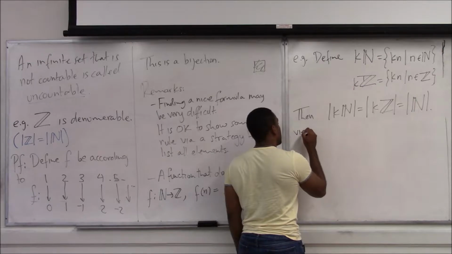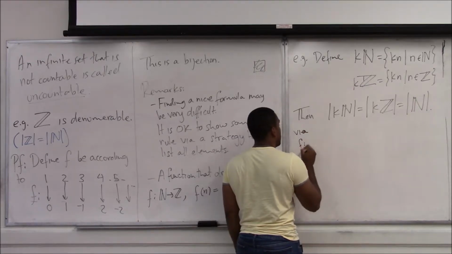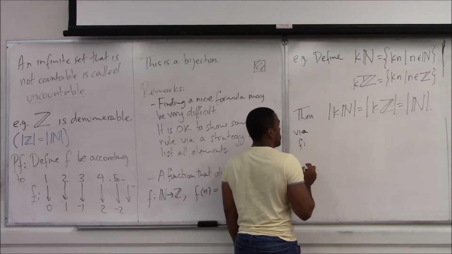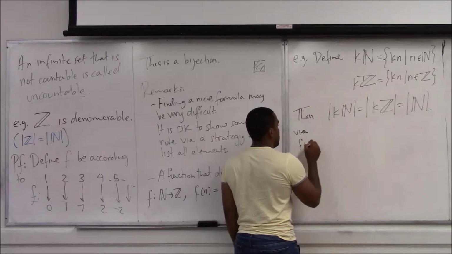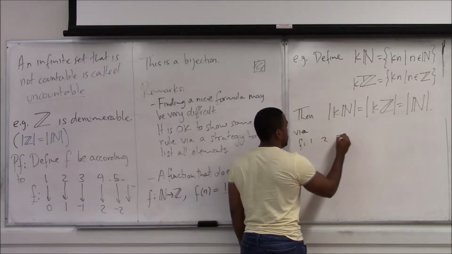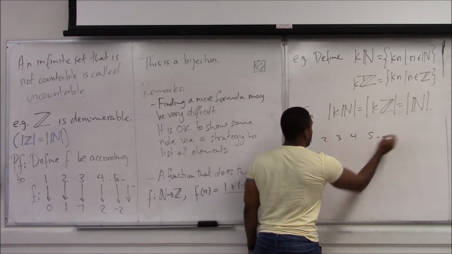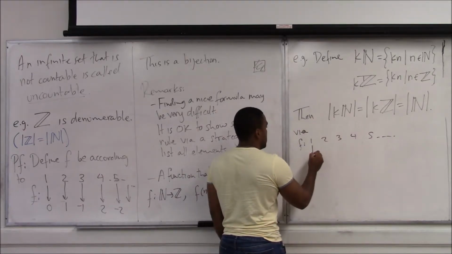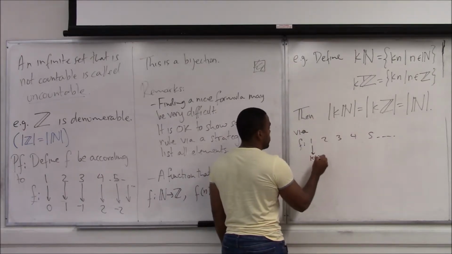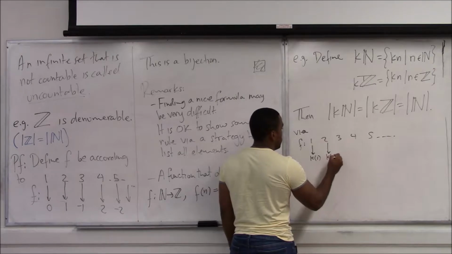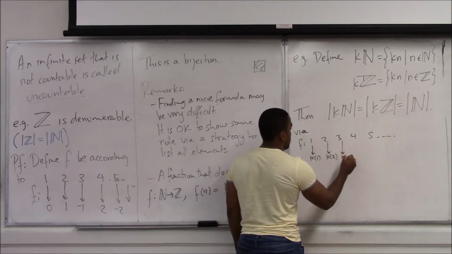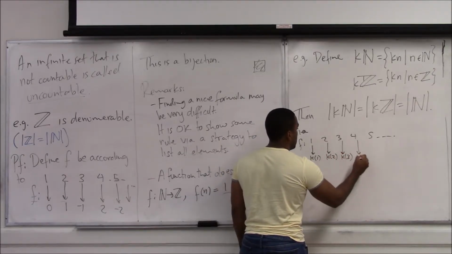For the first one, take 1, 2, 3, 4, 5. Let's map these to k times 1, k times 2, k times 3, and k times 4.